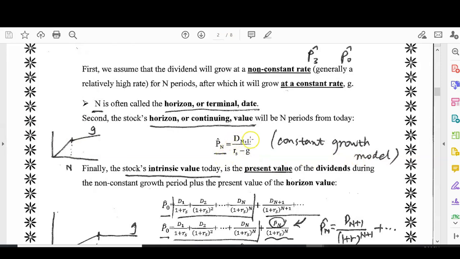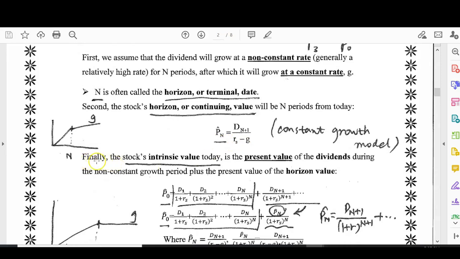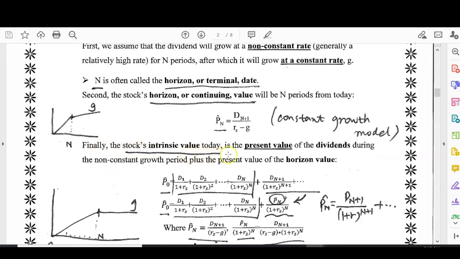Okay, it is Dn plus 1, the dividend given next period, divided by Rs minus G. G is the growth rate in the second period, or the second stage, and it is constant forever from date n. Finally, the stock's intrinsic value today, P0, is the present value of the dividends during the non-constant growth period, the first stage, plus the present value of the horizon value.